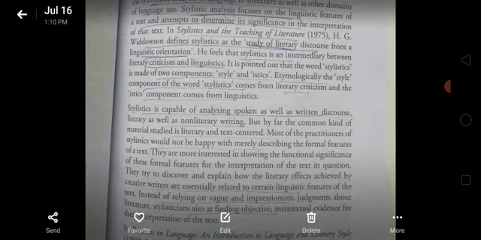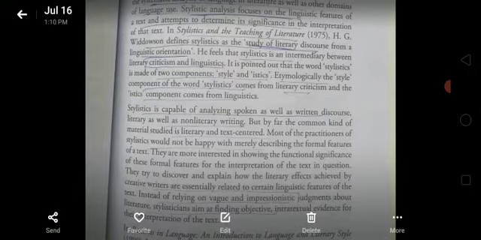Most practitioners of stylistics would not be happy with merely describing the formal features of a text. They are more interested in showing the functional significance of these formal features for the interpretation of the text in question.